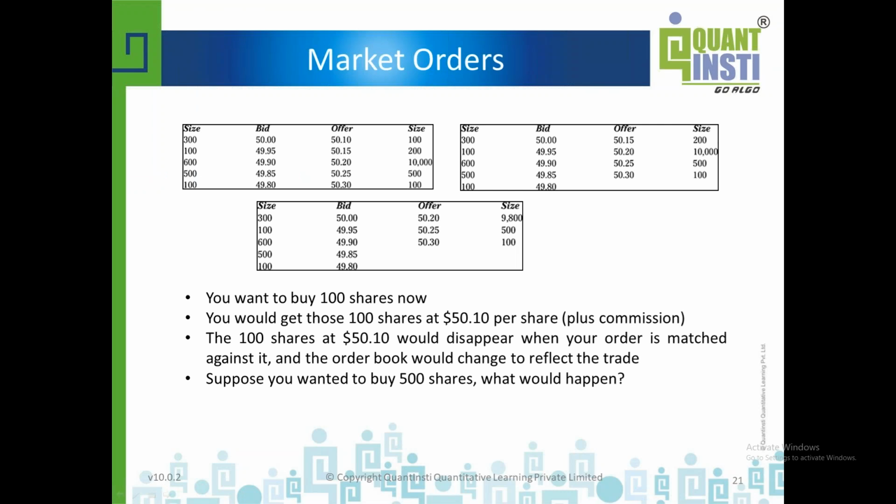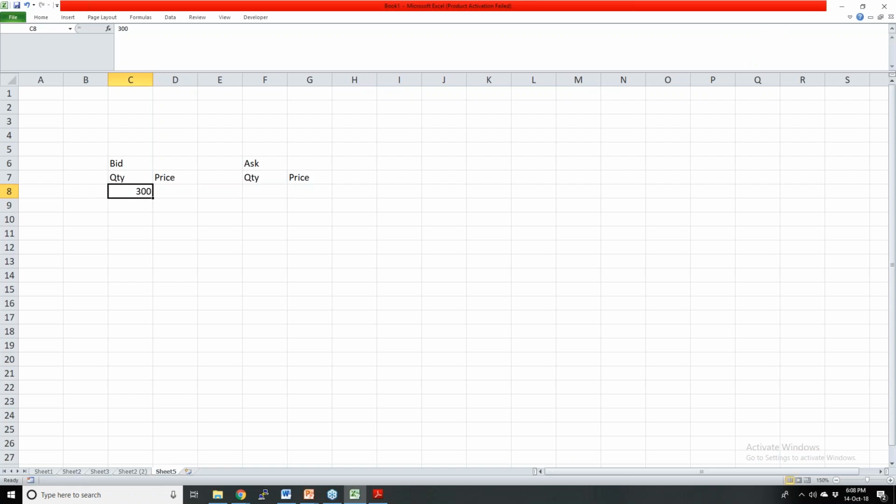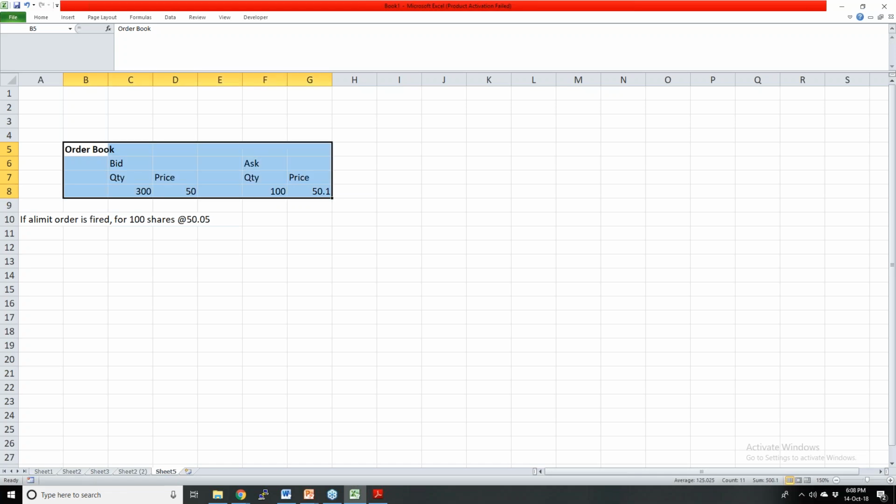So 350, and 150.1. If a limit order is fired for 100 shares at 50.05, this order will not get traded and it will be reflected in my order book like this.